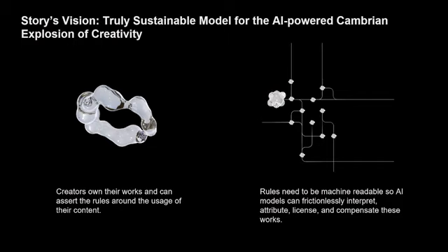And not only do they have ownership of this data, they should also have a very easy and frictionless way to set the parameters around the usage of their data and works, right? And these autonomous, self-enforcing rules that they've set should be readable by machines, readable by any LLMs.